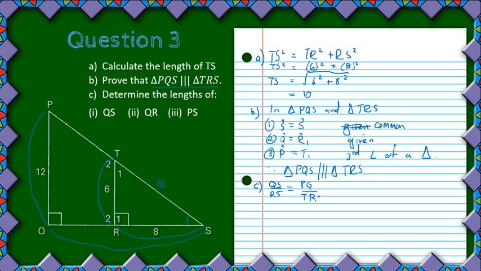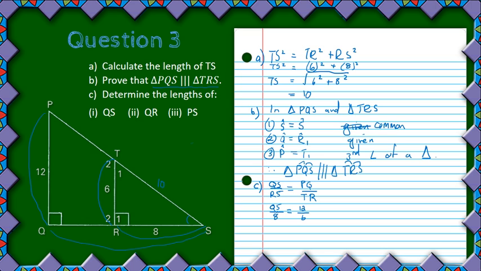Let's just check it algebraically. QS over RS equals PQ over TR. Okay, so my proportionalities are correct here. I substitute in my known values, QS over RS, which is 8, equals PQ, which is 12, over TR, which is 6.